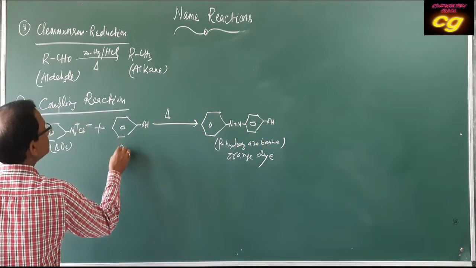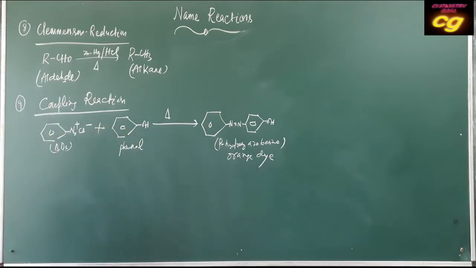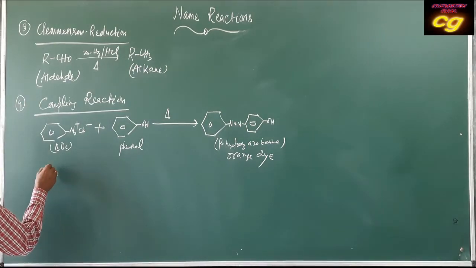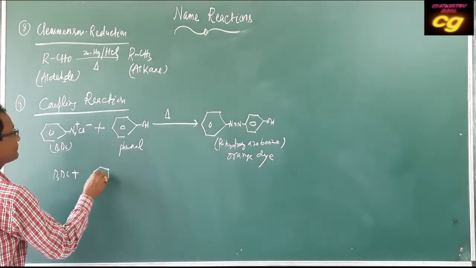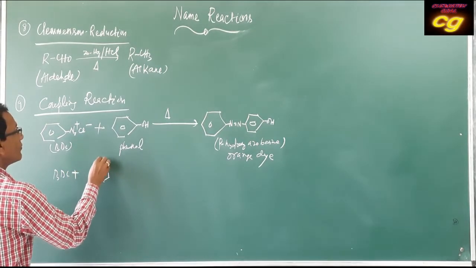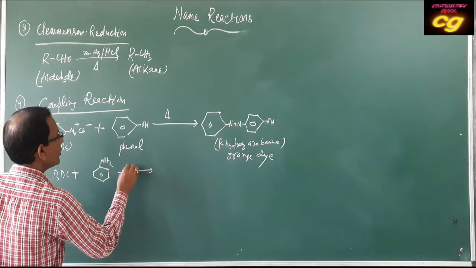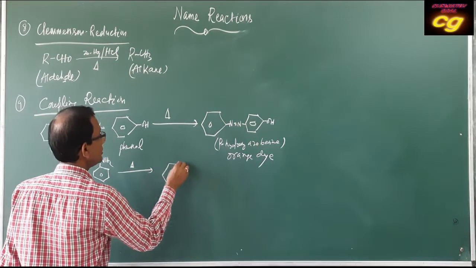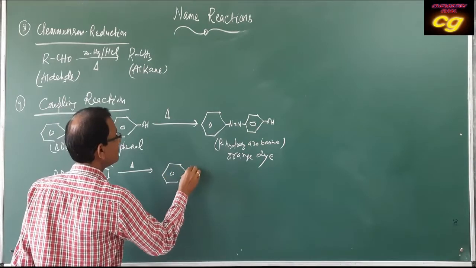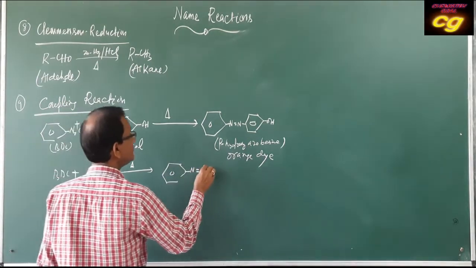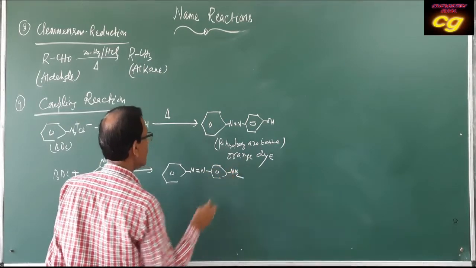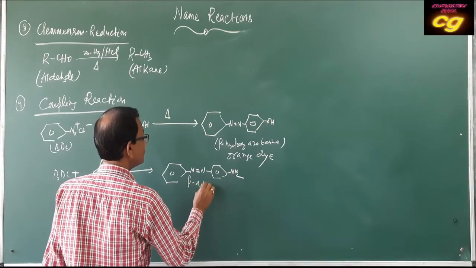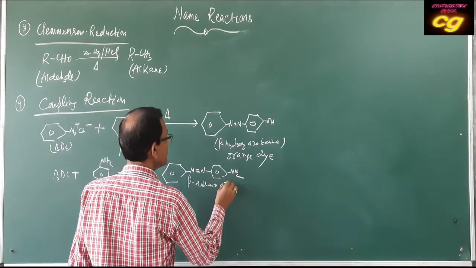This is your phenol, and this reaction is also shown by aniline. Then the same BDC plus aniline on heating produces this type of compound, para-amino azobenzene.